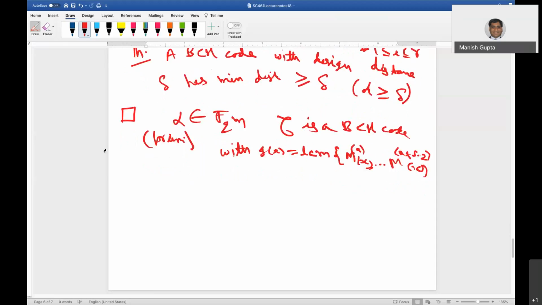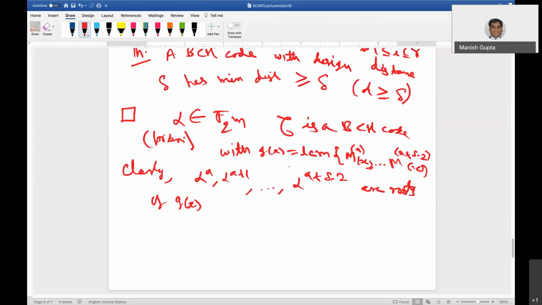So clearly alpha raised to a, alpha raised to a plus 1, up to alpha raised to a plus delta minus 2 are roots of g of x, because m_a is the minimum polynomial of alpha raised to a, and so on. So these are roots of g of x.